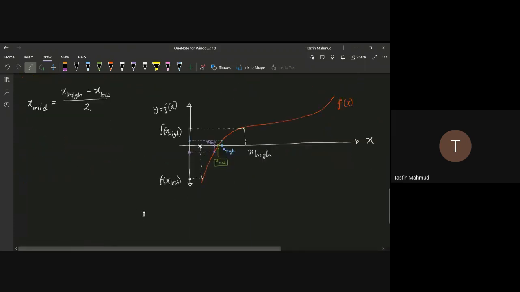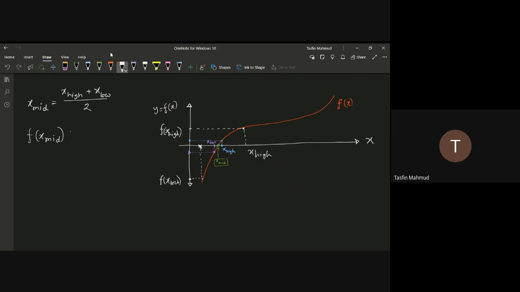So what we are going to do is calculate the x mid, and then calculate its y value, the f of x mid, and then check whether this function value is positive or negative.